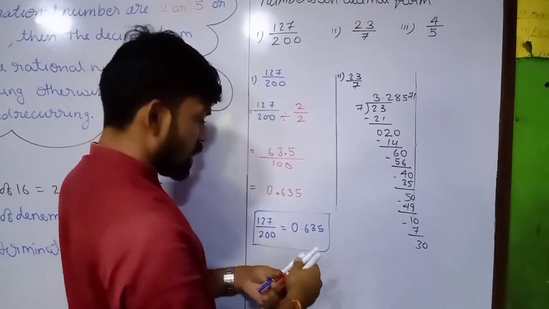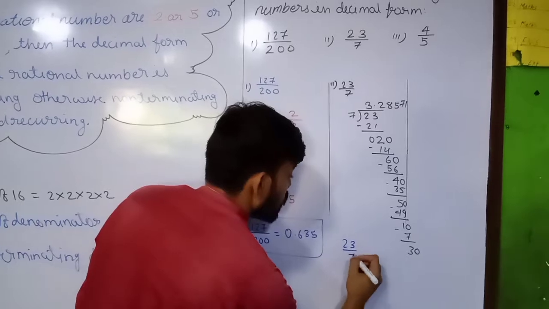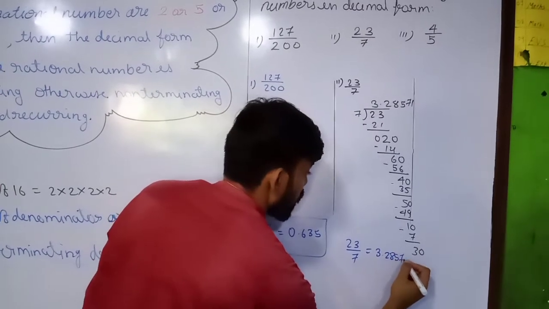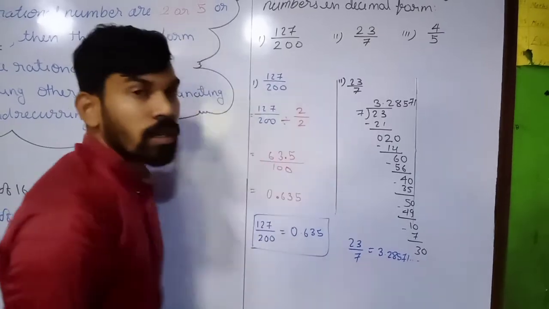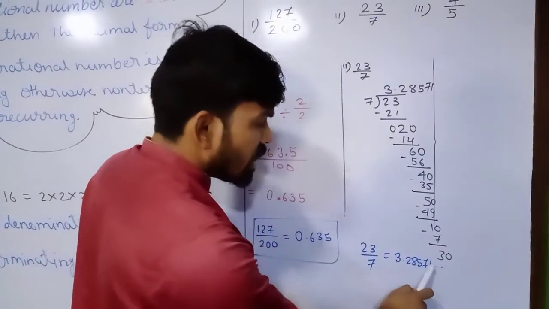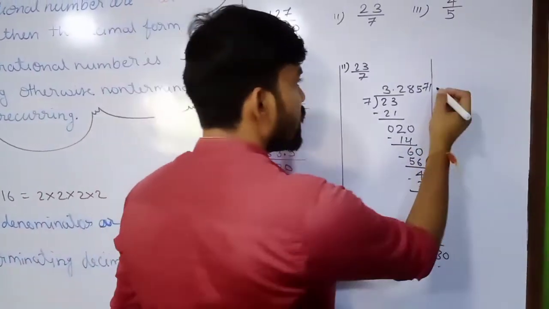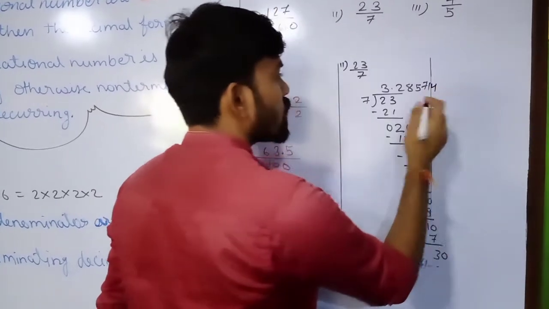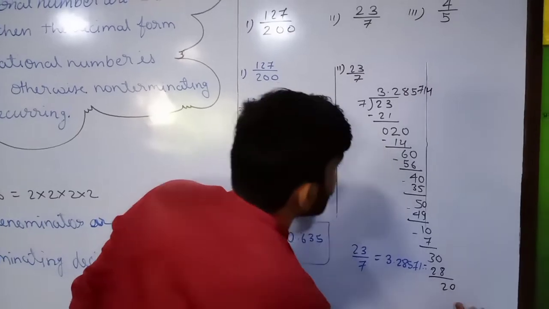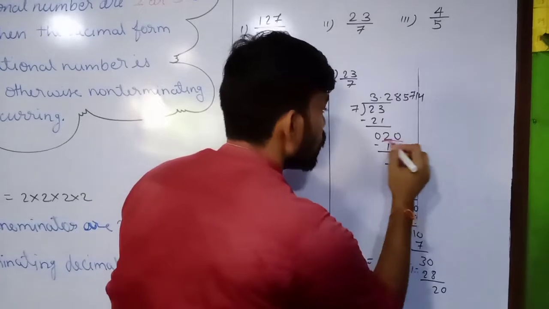So we can write 23 upon 7 is equal to 3.28571. But we can see here we are not getting any specific recurring pattern yet. Let's try one more digit. 4 7s are 28. We got 2 0. Again we got 20. So can you see here also we got 20.